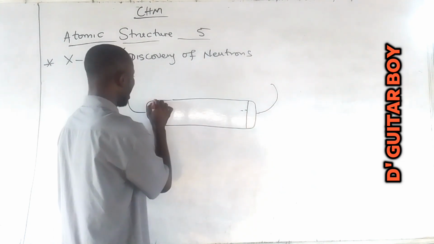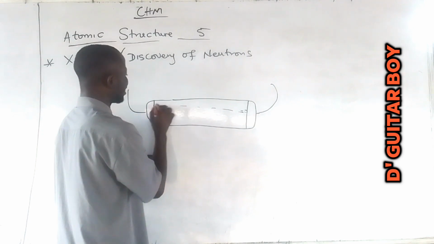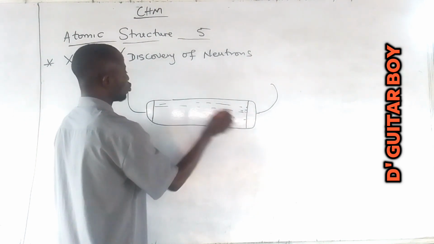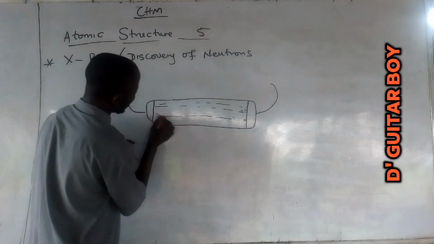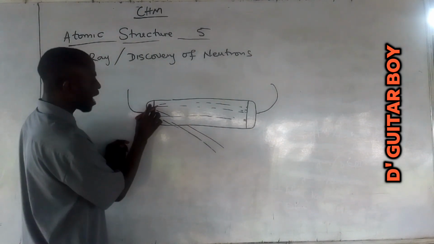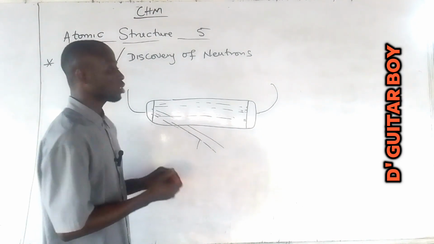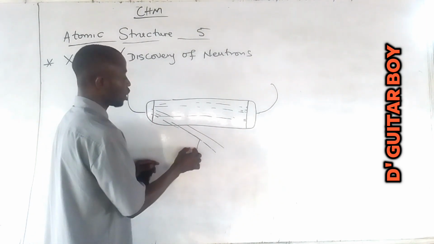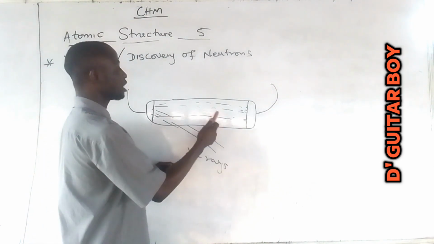We have the anode here. When this high energetic electron from the cathode collides with the anode, Roentgen noticed a highly penetrating radiation from the anode, and he called this radiation X-ray. So X-ray is different from cathode ray.